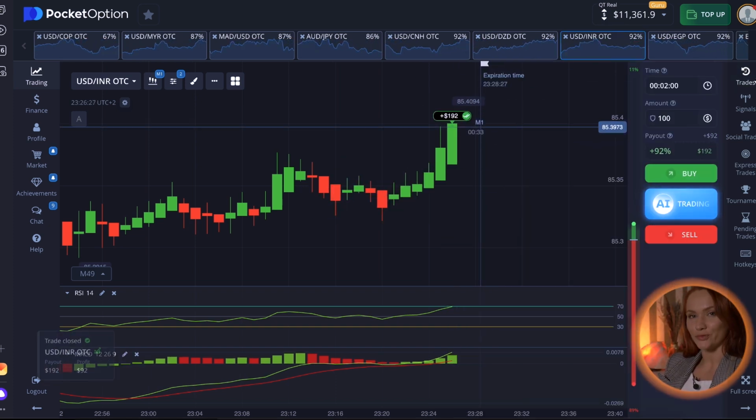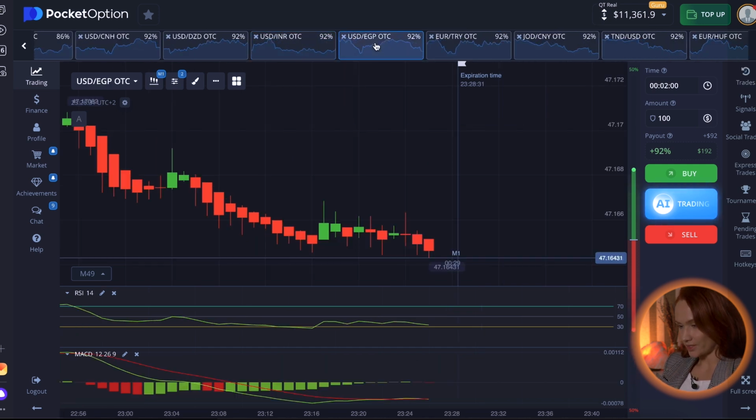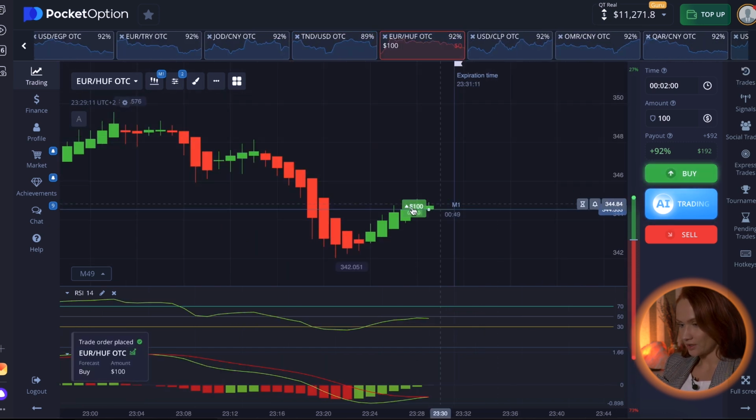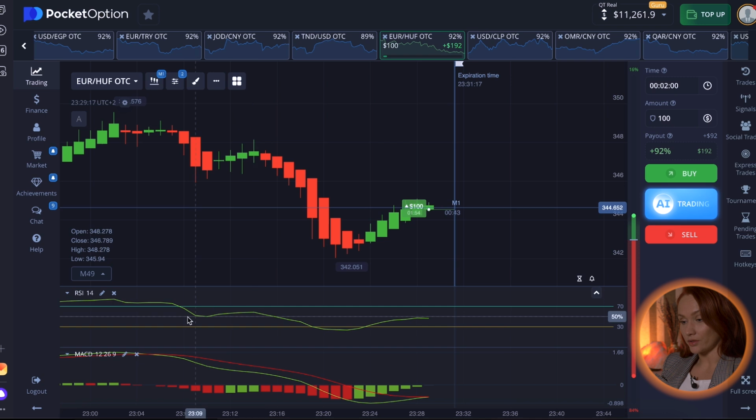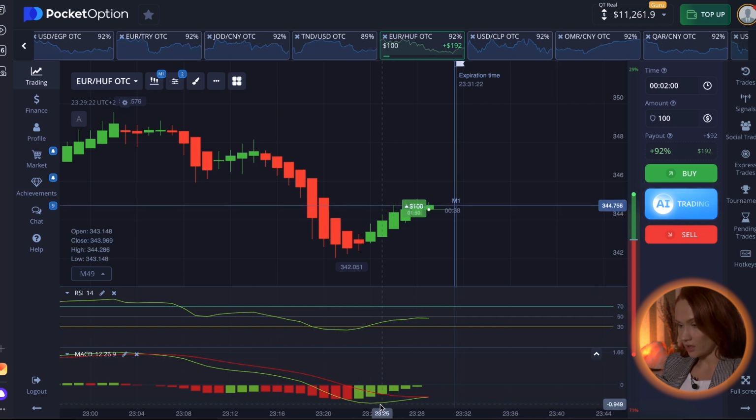Great deal, brought us profit. Let's look at the next currency pair. Next currency pair is Euro, Hungarian forint. We see that the RSI has bounced off line 30, a reversal.